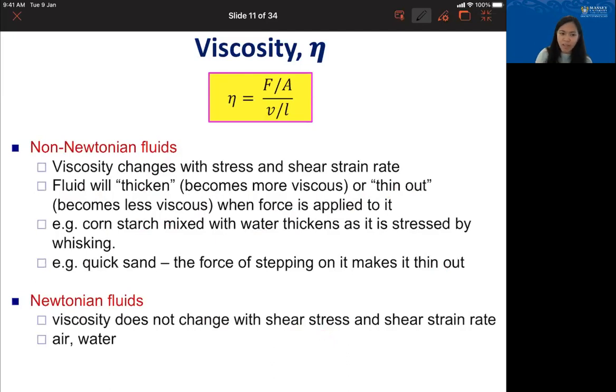In real life there really isn't any Newtonian fluid, but to a good approximation, air and water can be approximated to be Newtonian fluids. In this course we'll mostly approximate fluids to be Newtonian, so that the viscosity does not change and can be considered to be constant.